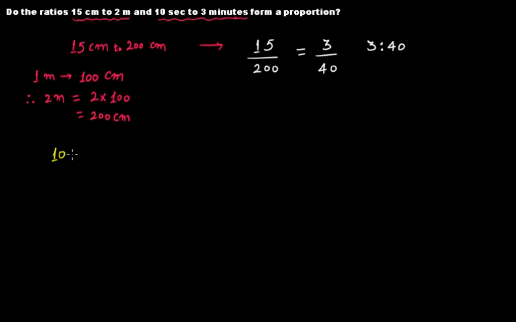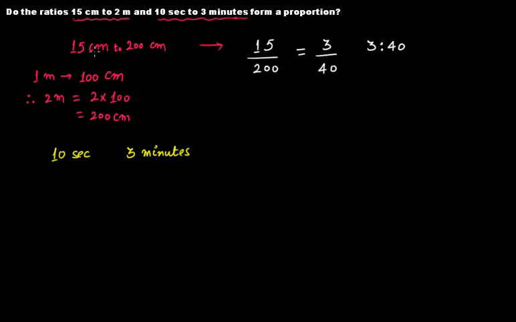Let's take this one. You have 10 seconds and then you have 3 minutes. Now those of you who are thinking, can't we change centimeter to meter? Yes, you can. But you know what will happen in that case? If you have 100 centimeter, you'll have 1 meter.